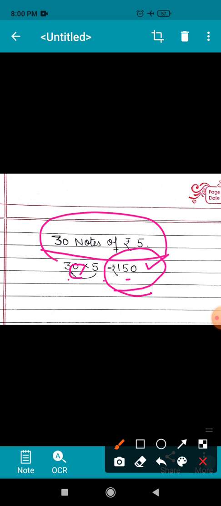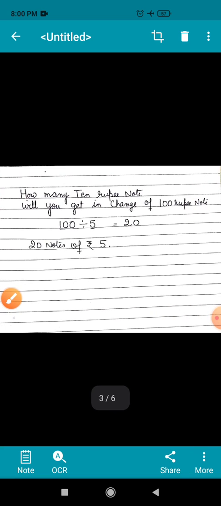Okay, children. Now, let us take a second example. Here, how many 5 rupee notes will you get in change of a 100 rupee note? Children, for that, what you will do?